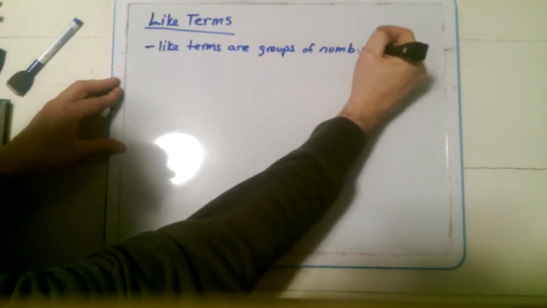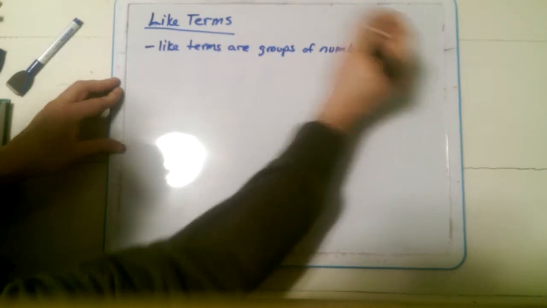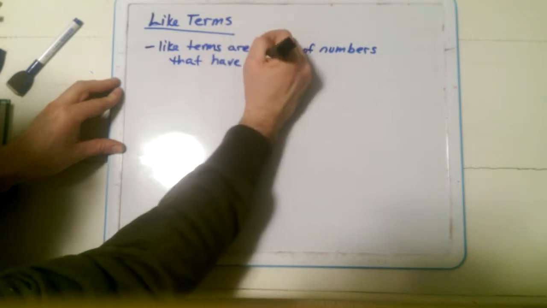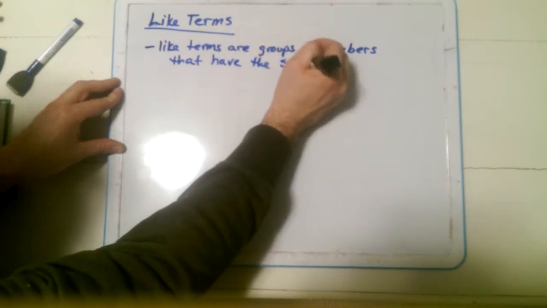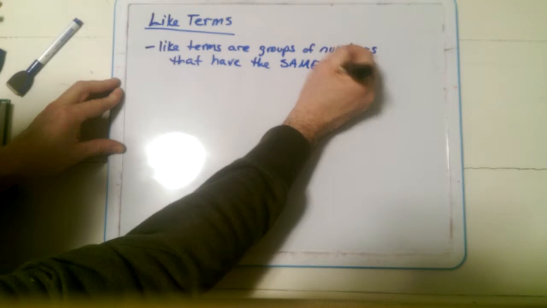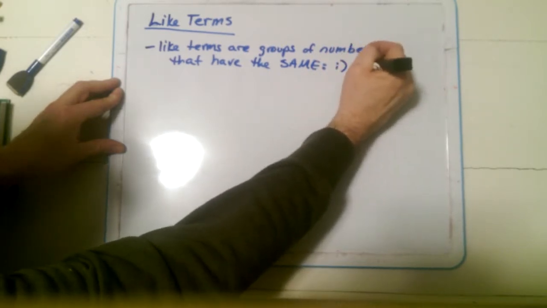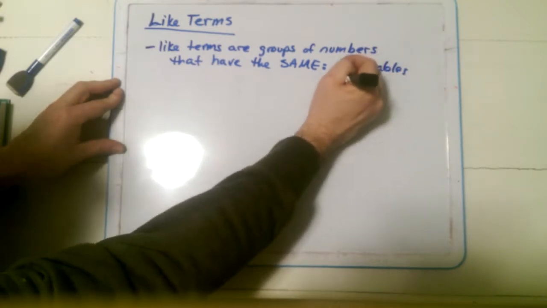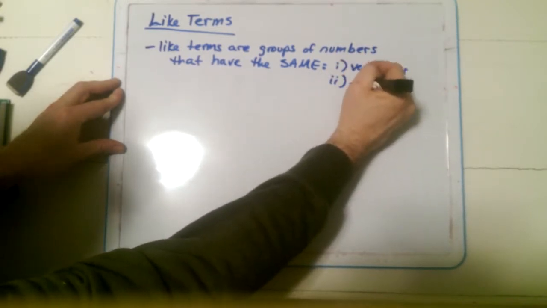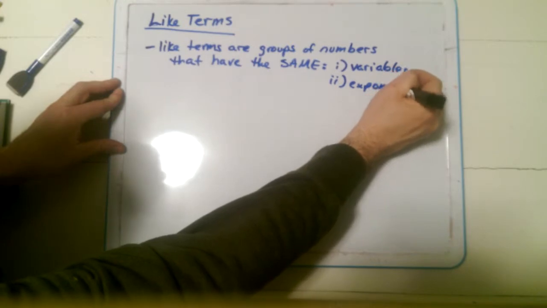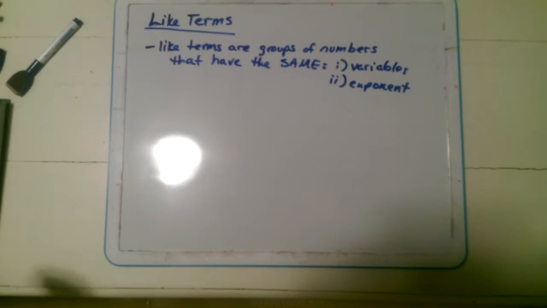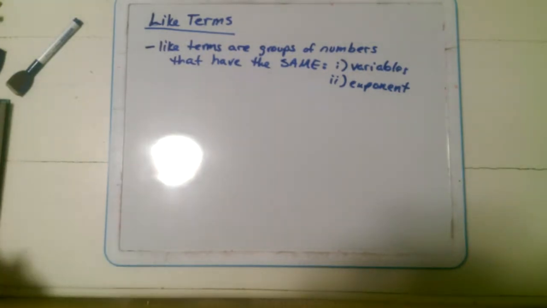So like terms are groups of numbers that have the same variables and they have the same exponent. They have to have the same variables and the same exponents for them to be like terms, for them to be able to be combined together.